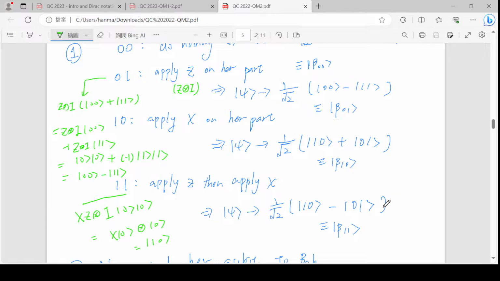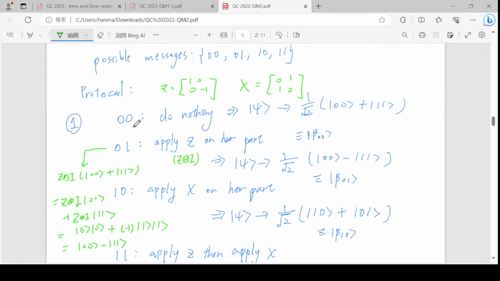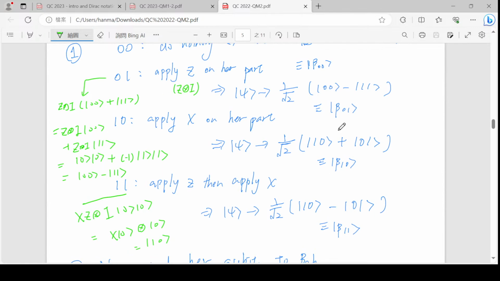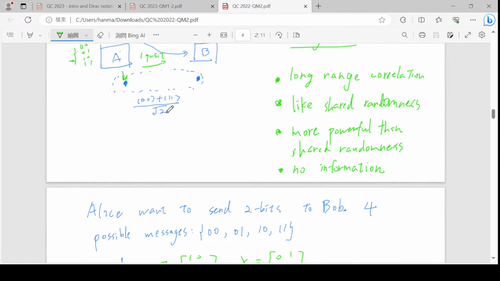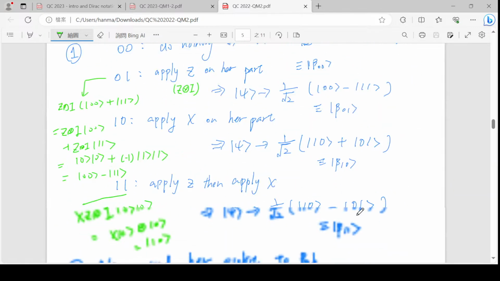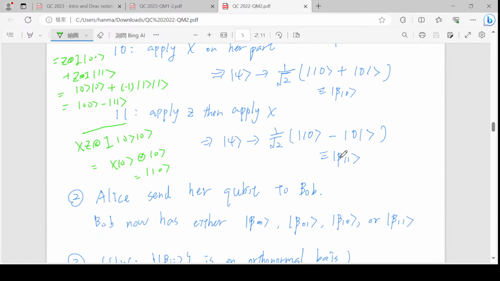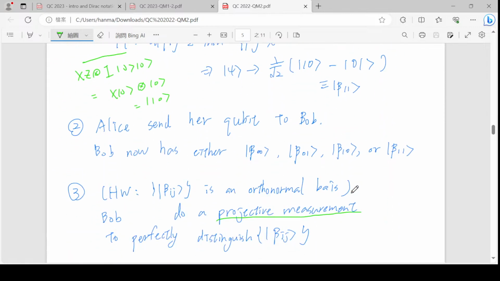So depending on what message Alice wants to send, she will do these 4 different operations, and the shared entangled state between Alice and Bob will become those 4 different states. And those 4 states are actually pretty important, so they have names.